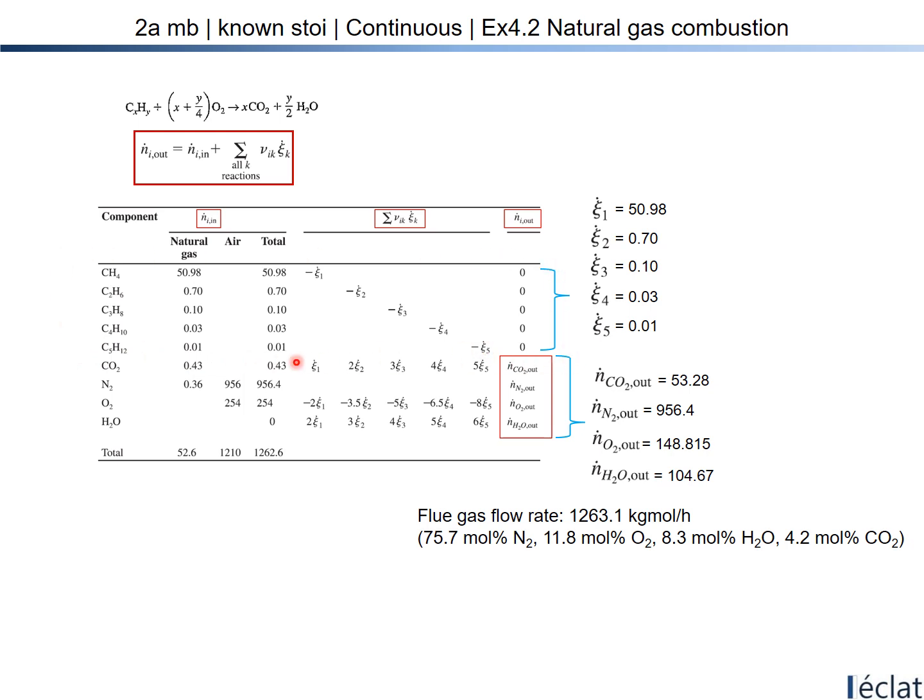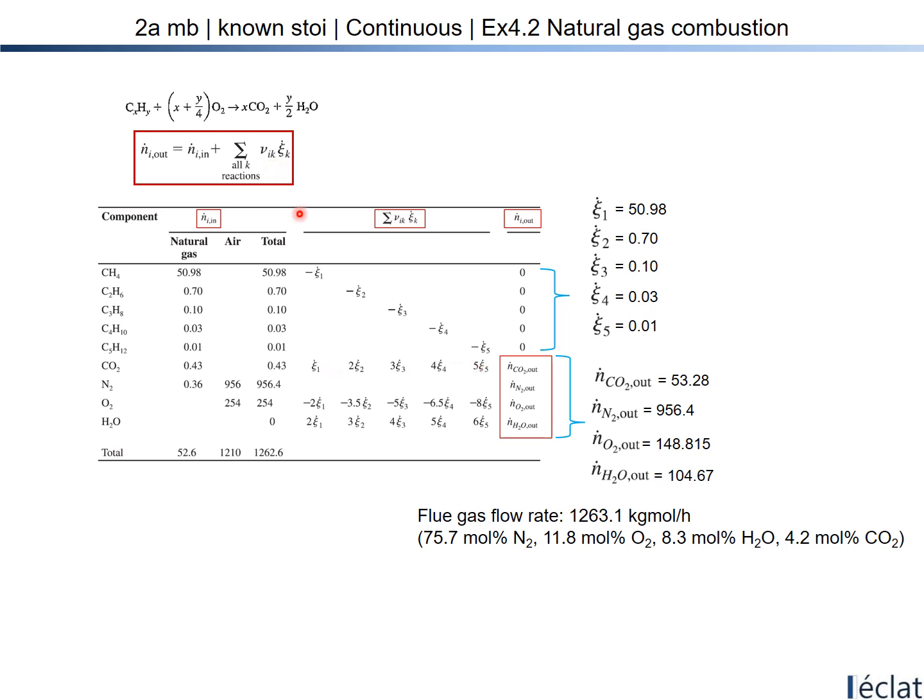And how about the CO2? In the natural gas, we have a CO2. This is the amount of CO2 in the natural gas, and nothing in the other stream for the input. And let's go to the generation term. For every alkane combustion, the carbon dioxide is produced: Xy1 for the methane combustion, Xy2 for the ethane combustion, propane combustion, butane combustion, and pentane combustion.